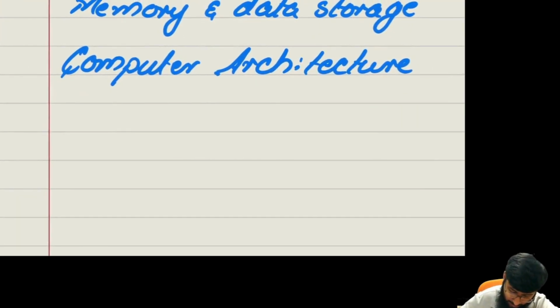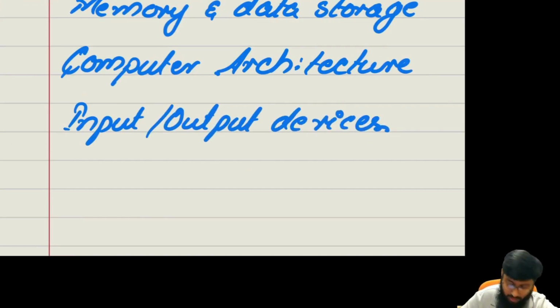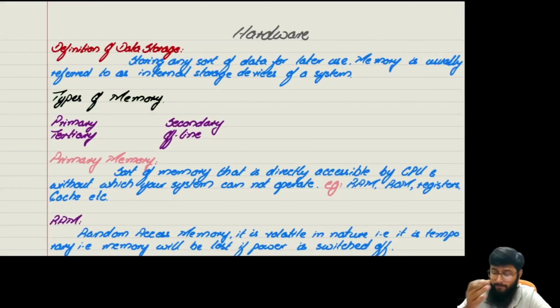And the last part is input and output devices. So these are the three phases in this topic that we need to cover. We will start in the first session with memory and data storage.